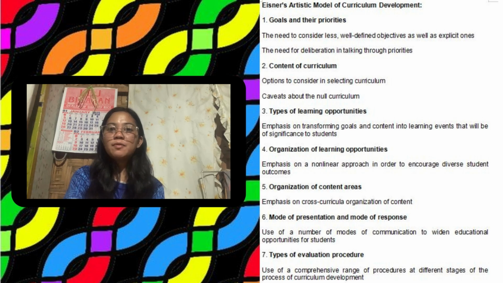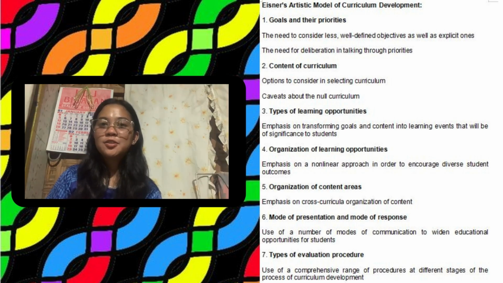Third is types of learning opportunities, with emphasis on transforming goals and content into learning events that will be of significance to a student. Fourth is organization of learning opportunities, emphasizing a non-linear approach in order to encourage diverse student outcomes. Fifth is organization of content areas, with emphasis on cross-curricular organization of content.